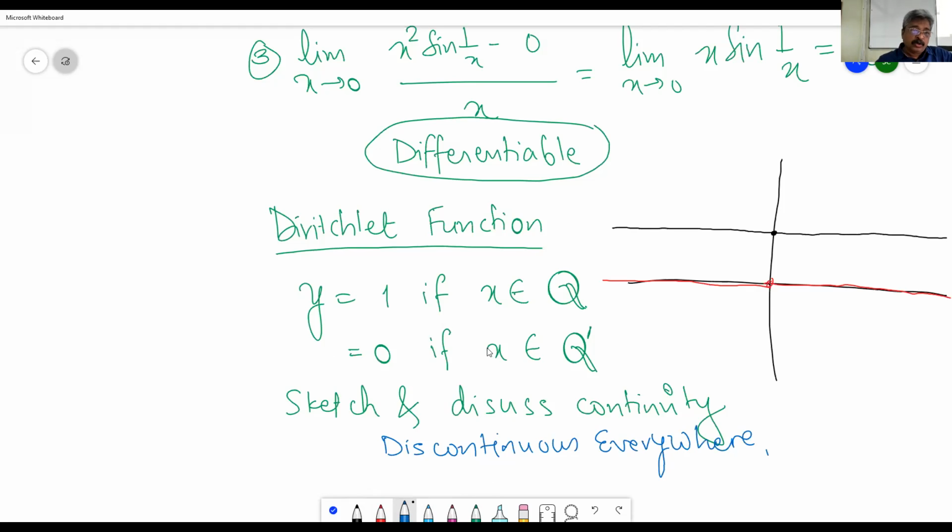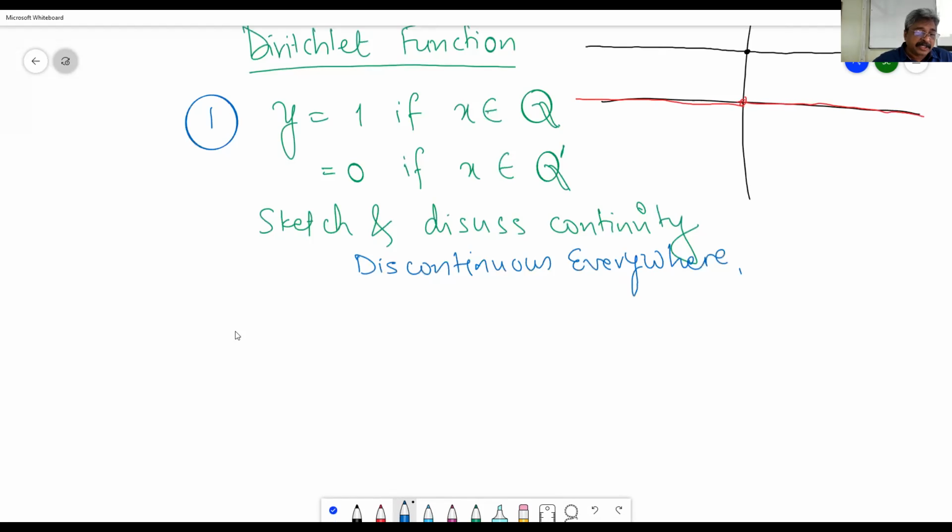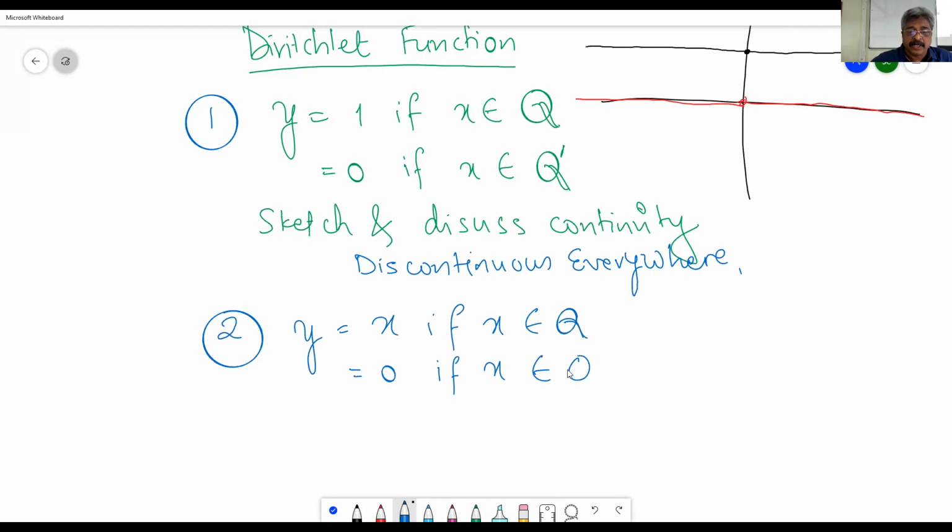Okay. So then Dirichlet came with some modification in this function. So this is the first version of the Dirichlet function. The second version of the Dirichlet function is y is equal to x if x is rational and is equal to 0 if x is irrational.